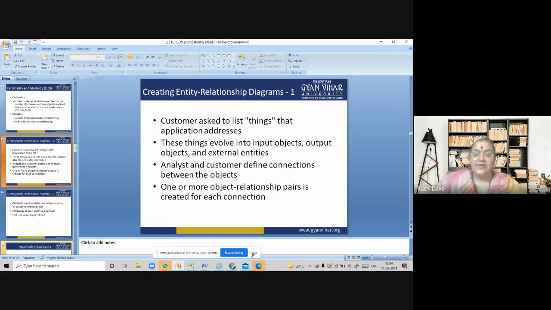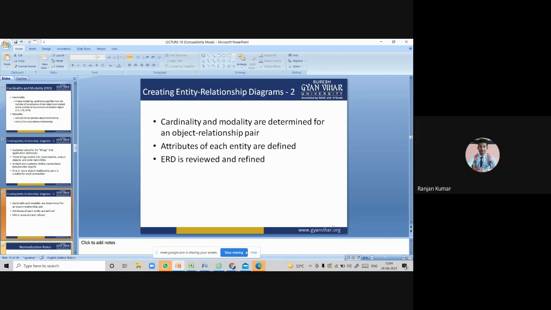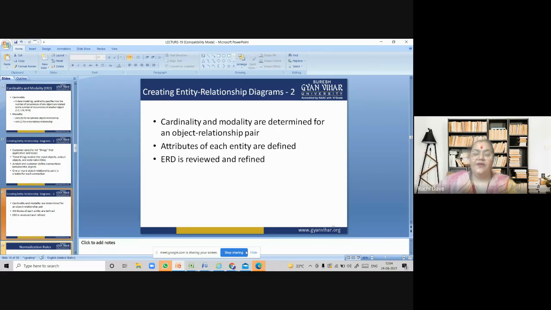The analyst and the customer define the connections between these objects, and one or more object relationship pairs are created for each connection. Is this clear to everybody? Yes, ma'am. When we create an entity relationship diagram, cardinality and modality are determined for the object relationship pair, the attributes of each entity are defined, and the ERD is reviewed and then refined again.